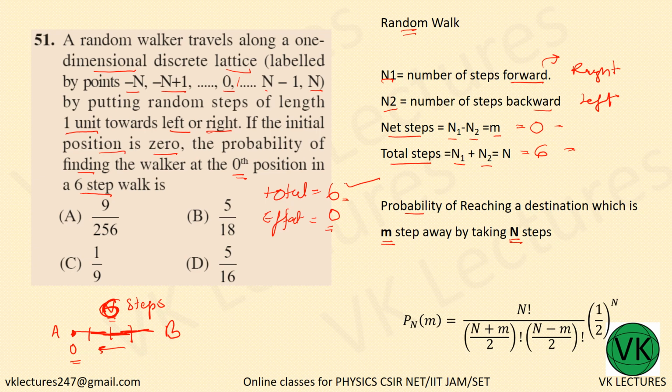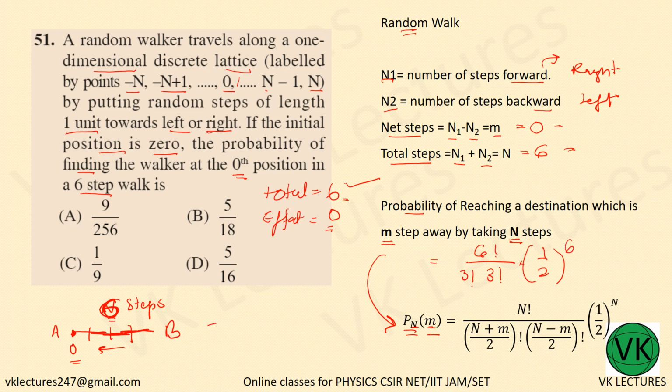Then the probability Pn of m, the probability of reaching the destination which is m steps away by taking capital N steps, is N factorial by (N plus m)/2 factorial into (N minus m)/2 factorial into (1/2) to the power N. What is N? 6 factorial divided by (6 plus m)/2 factorial. M is 0 here, so 3 factorial into 3 factorial into (1/2) to the power 6.